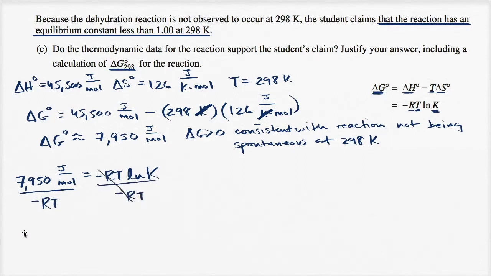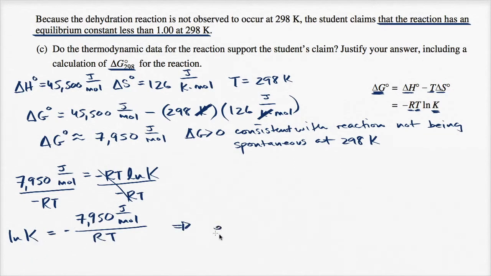If I divide both sides by negative RT, I'm going to get the natural log of my equilibrium constant is going to be equal to 7,950 joules per mole over negative RT. Or you could say, this is just what power do I raise e to get K?